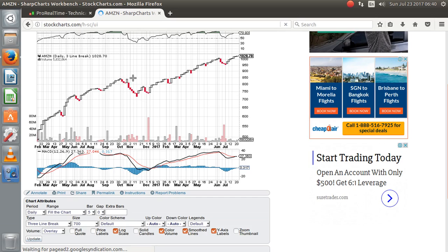Like I said, sometimes stocks throw you a false signal. There's a higher peak, a lower trough compared to the previous, and a lower peak compared to the previous. But again, there was no third signal that this is falling. You have to wait for the third signal. In this case, it didn't happen.